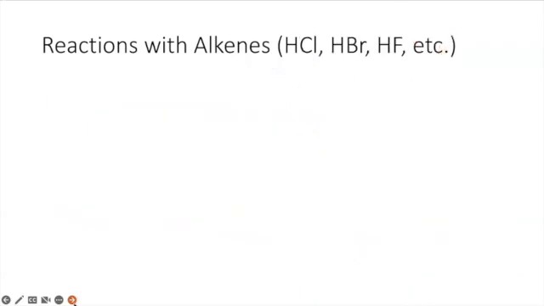All right. So we can also do this reaction where AB equals a strong acid, such as HCl, HBr, HF.